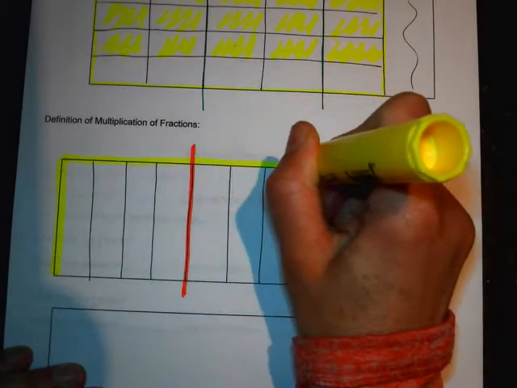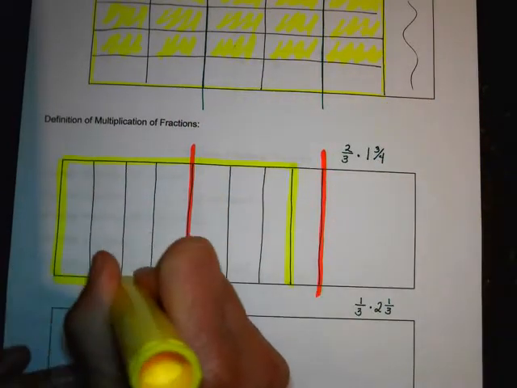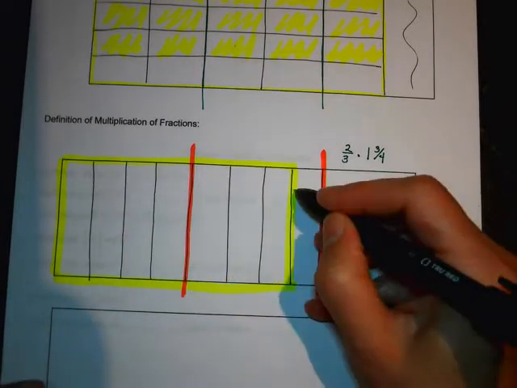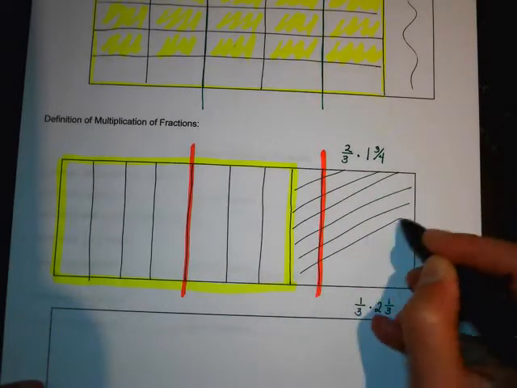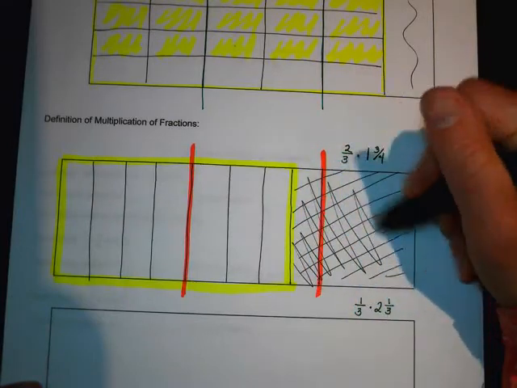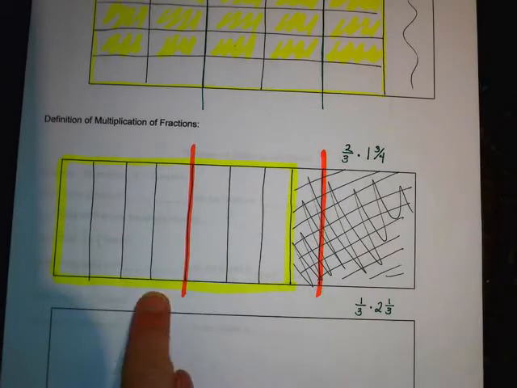So what's in yellow is what I'm starting off with. So I can get rid of this stuff. I don't want this. This is not part of my answer. If you want to fold the paper to have kids cut it out, you can. That's not anything I need. And yellow is what I'm starting off with. And we want to divide that up into 2/3.